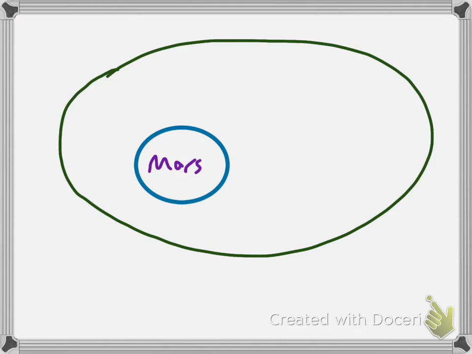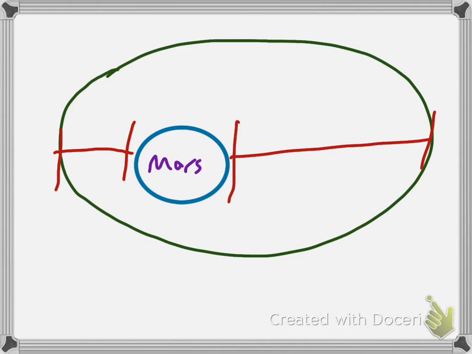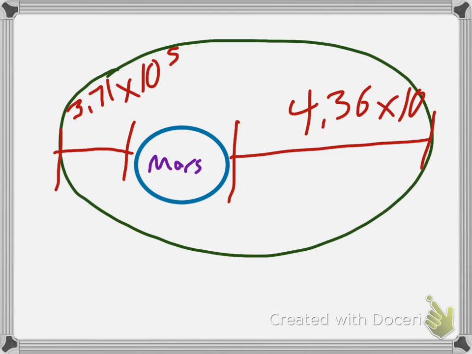And you're told that you know the closest distance and you know the farthest distance. And the closest distance is 3.71 times 10 to the fifth, and the farthest distance is 4.36 times 10 to the fifth, and that's both in meters.